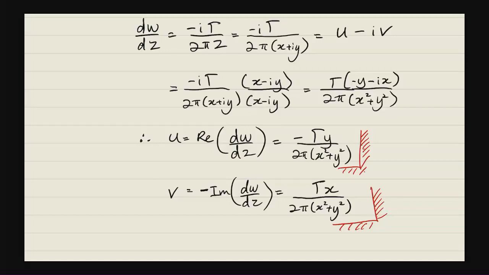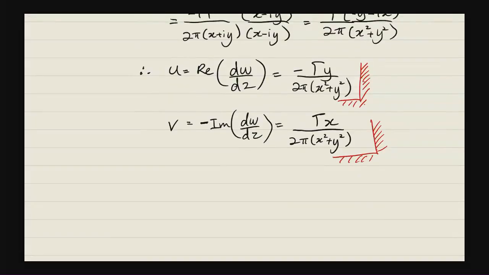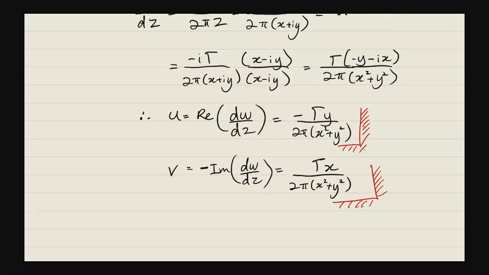Right, any questions? Clear? Crystal clear? Or clear as mud? If you're a bit confused, I think the tutorials will help you out a little bit. So please do the tutorial questions.